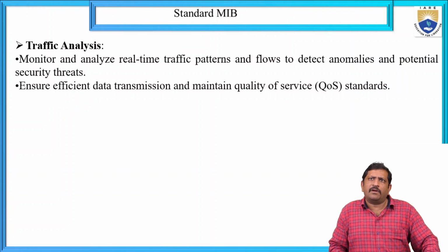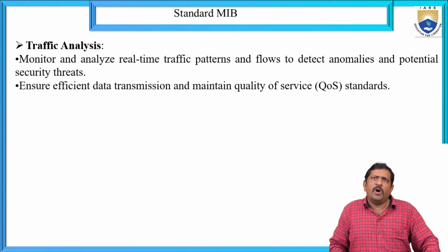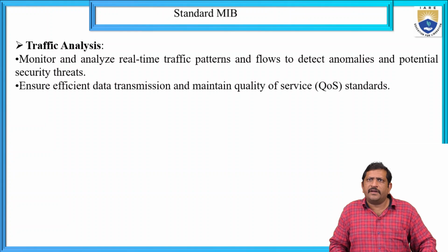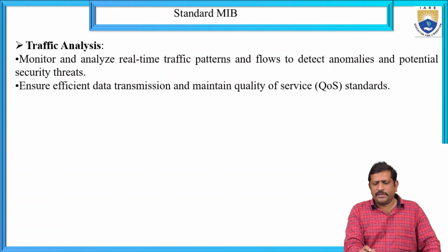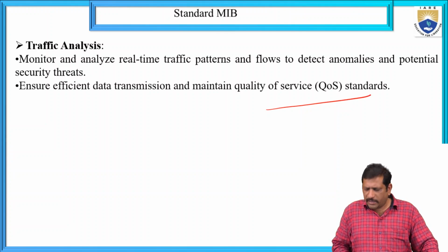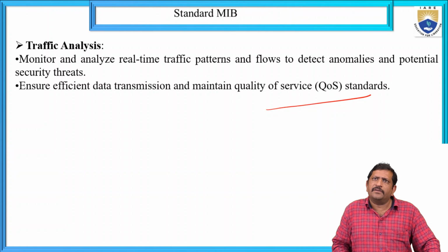Traffic analysis. Traffic analysis means monitoring and analyzing the real-time traffic patterns and flow to detect anomalies and potential security threats, which ensures efficient data transmission and maintains the quality of service standard in network transmissions. That traffic analysis we can do with the help of the standard MIB, management information base.